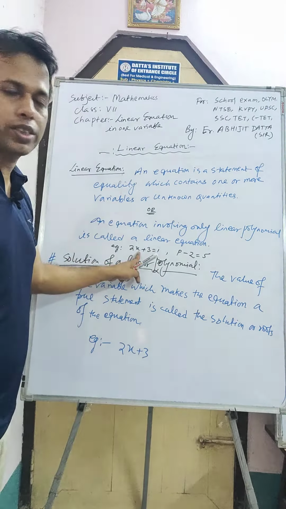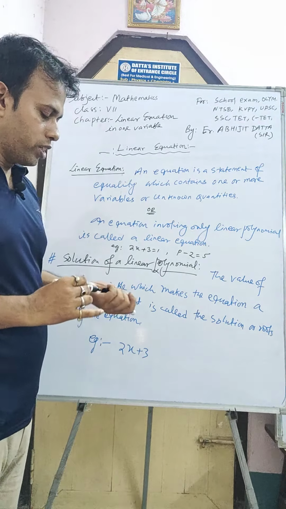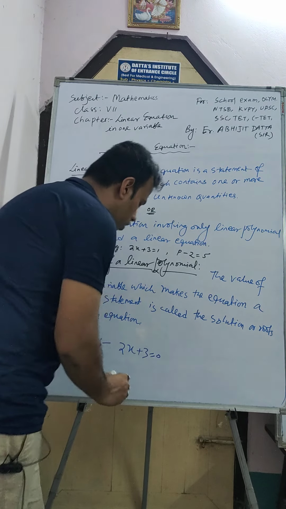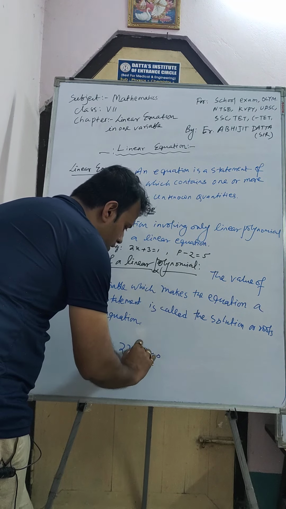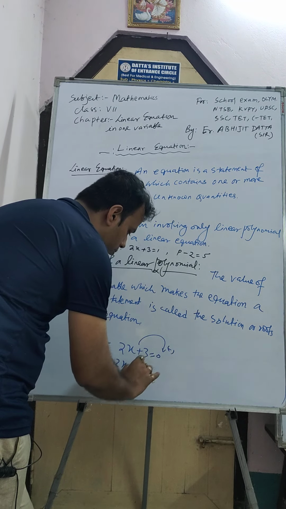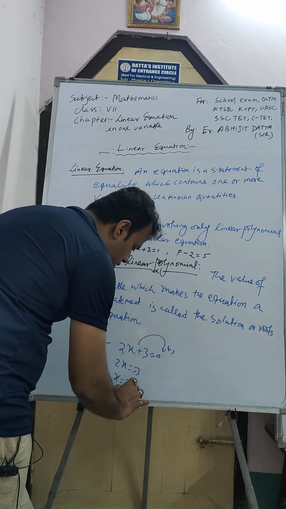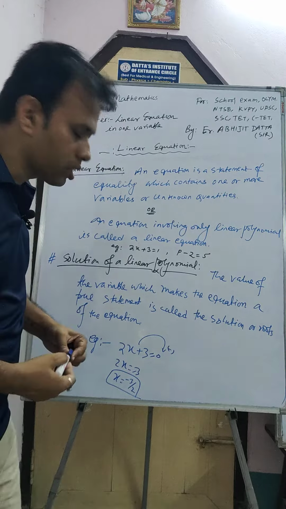Now how can I find the solution? Suppose the equation is 2x plus 3 equal to 0. If I find the value of x, the side changes, and plus becomes minus. Then x will be minus 3 by 2. I will explain later how you can solve it.